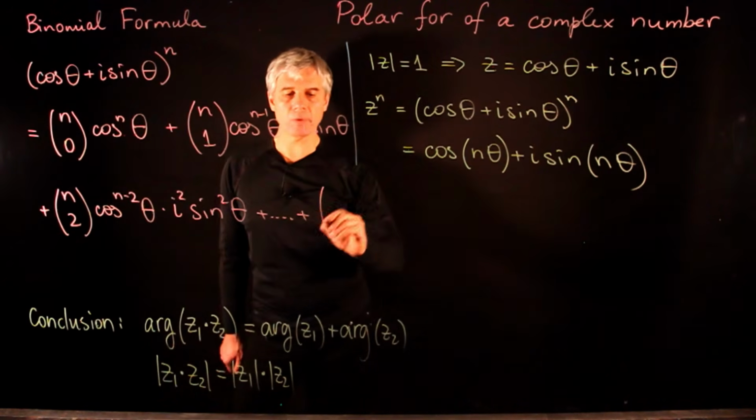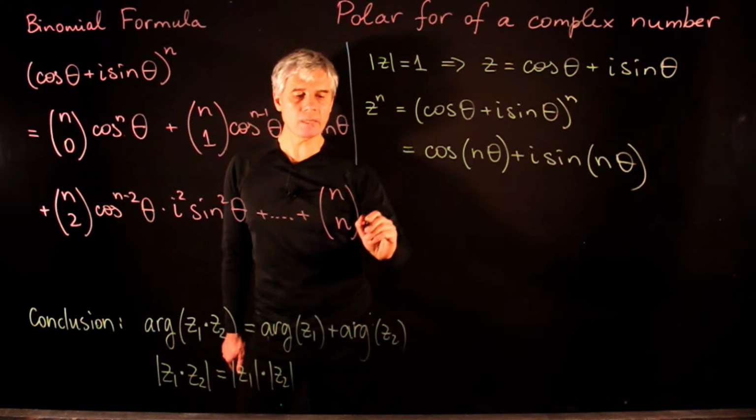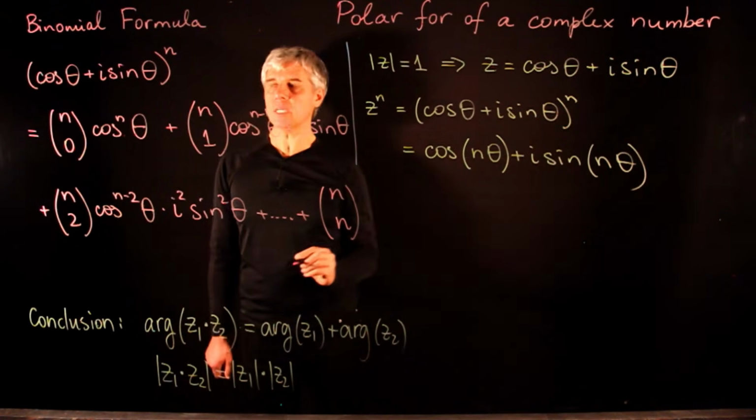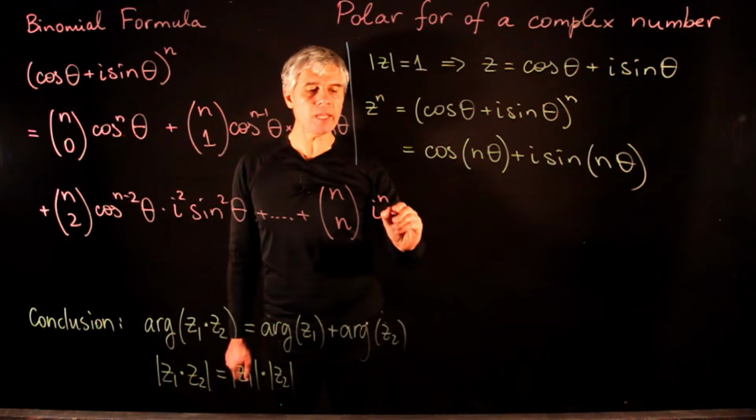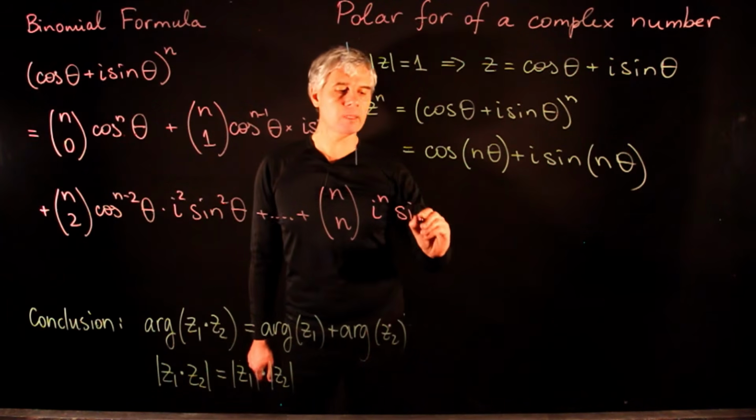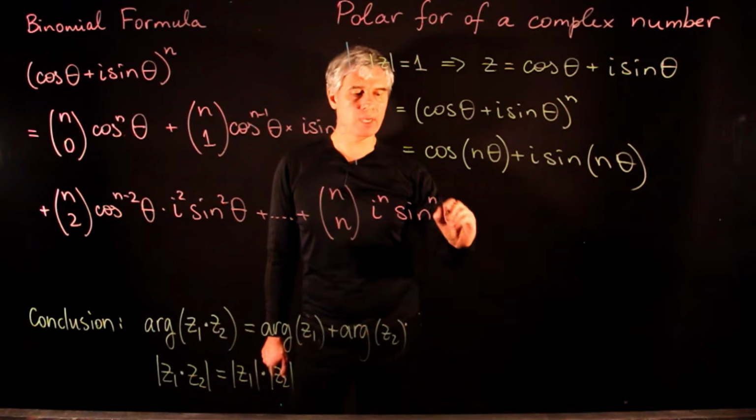The last binomial coefficient will be n choose n, cos theta will be to the power of 0, and we will have i to the power n times sine to the power n of theta.